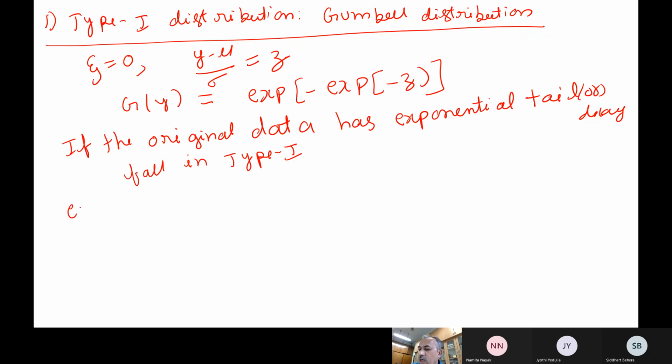So now, what are the distributions which have exponential decay?